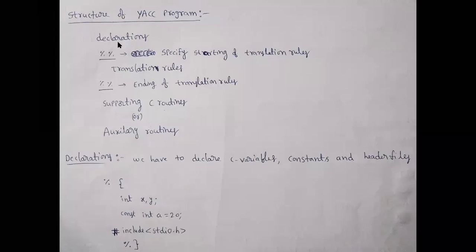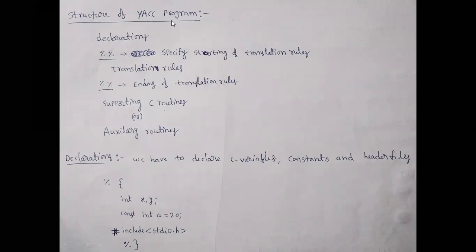So we are specifying the structure of the YACC program. The structure of the YACC program defines the declaration section and the translation rule section, and we are using auxiliary functions, the auxiliary procedure section or auxiliary function section. Okay, so these three are used in the structure of the YACC program.